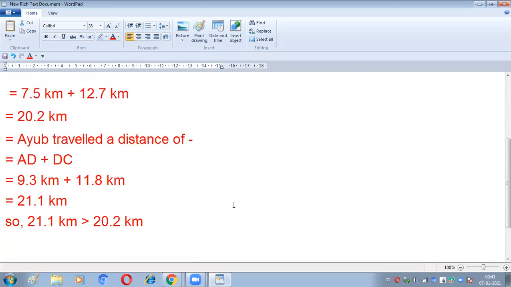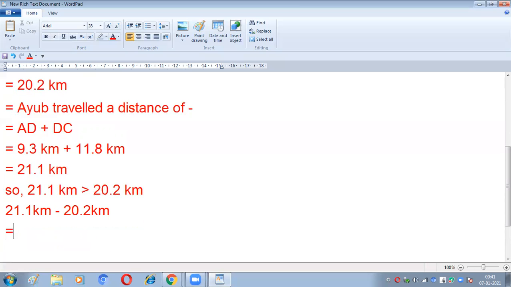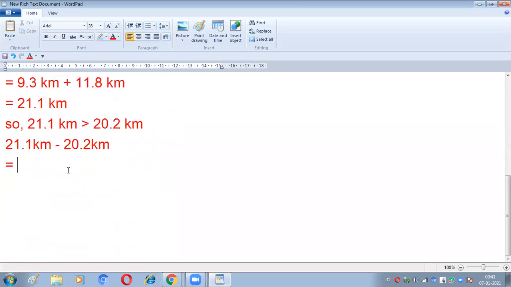So we have to calculate how much more Ayub traveled. 21.1 kilometer minus 20.2 kilometer is equal to 0.9 kilometer.